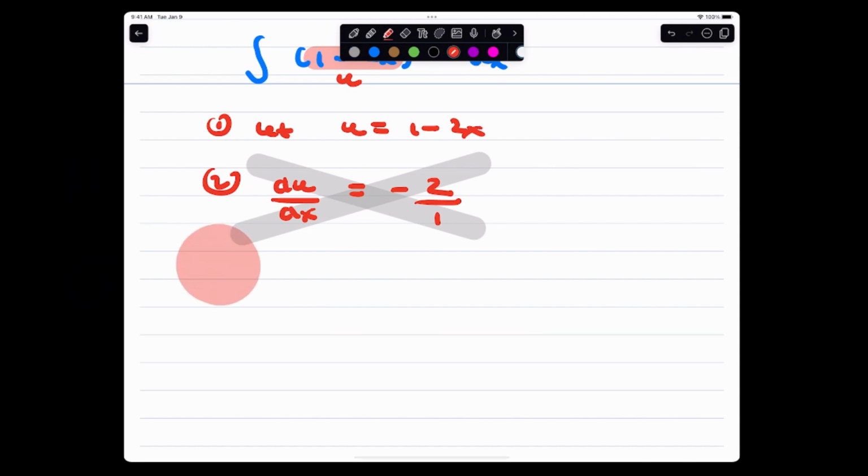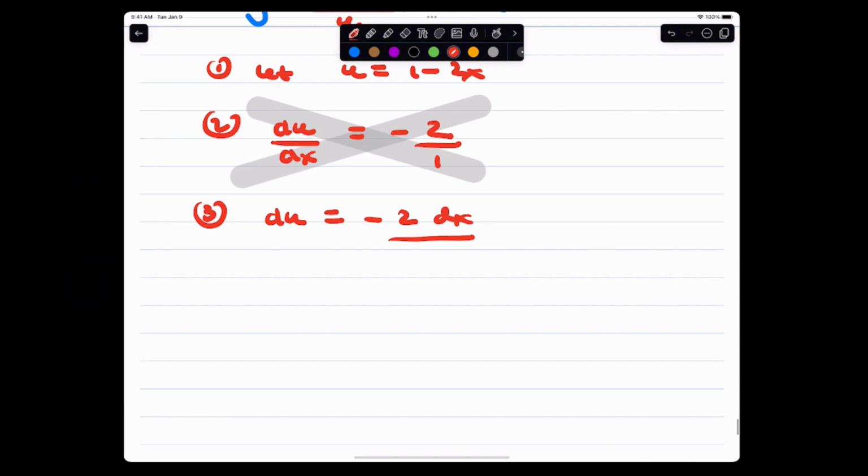You have to solve for dx. Now, step 3, du will be negative 2 dx. Divide both sides now by negative 2. dx will be du over negative 2.